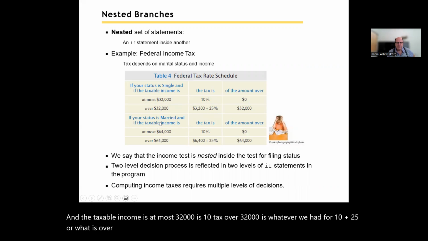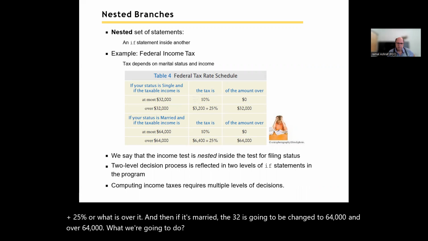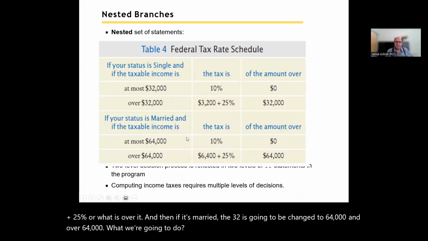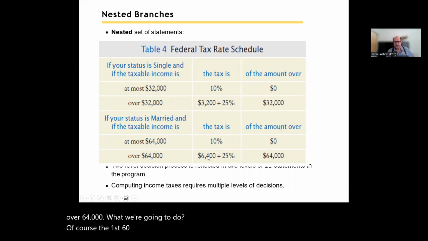And then if it's married, the 32 is going to be changed to 64,000, and over 64,000, what are we going to do? Of course, the first 64,000, it shouldn't be saying 64,000 plus 2,500. It should be over that.